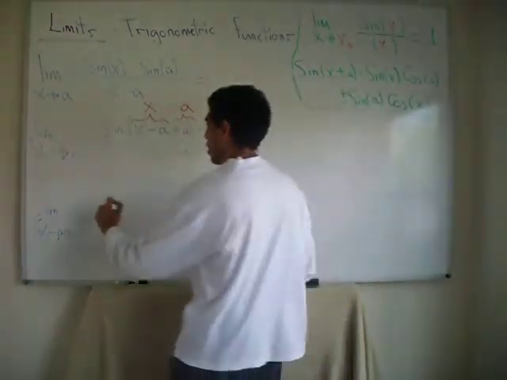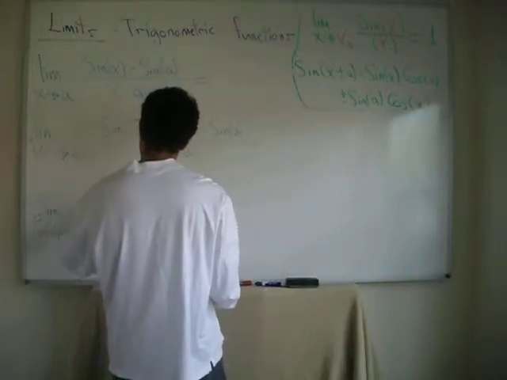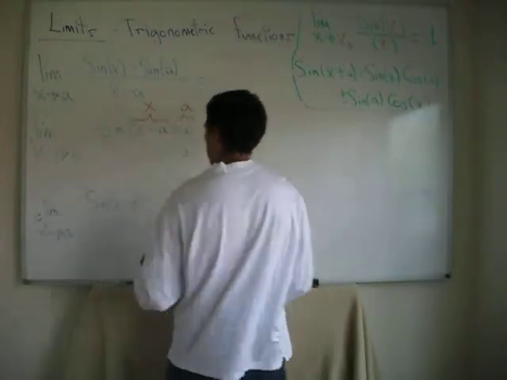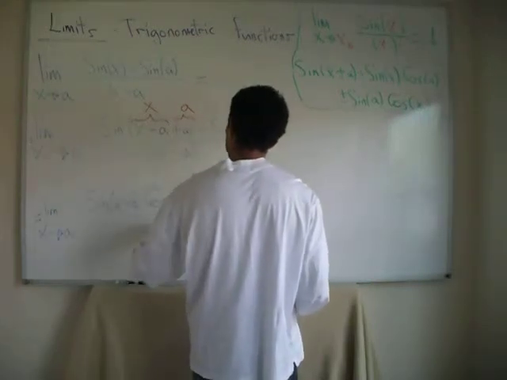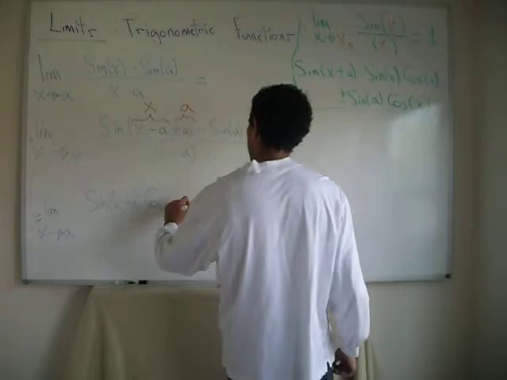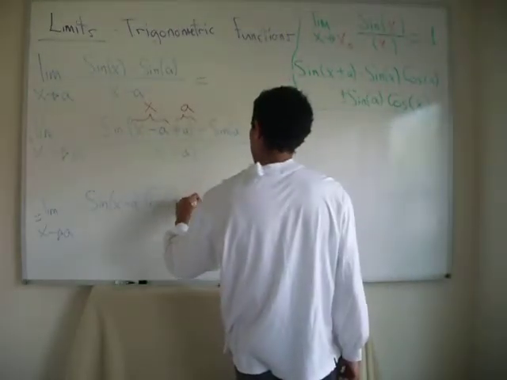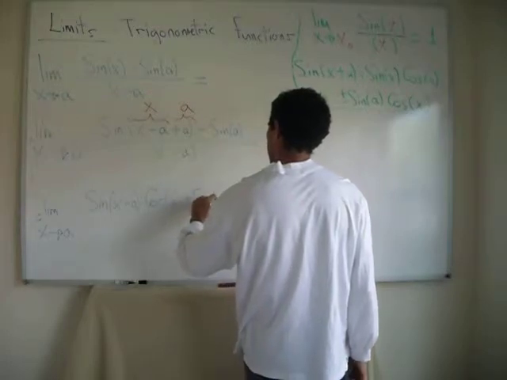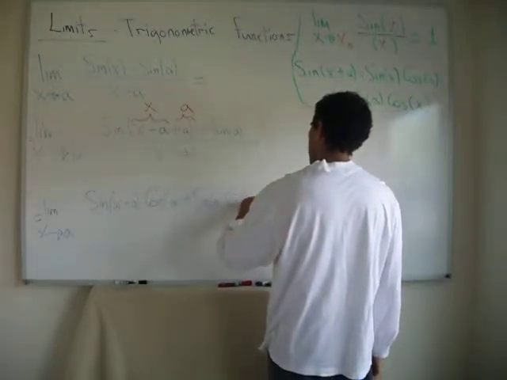So I'm going to end up with sin of x minus a times cos of a, plus, because of the plus sign right here, sin of a times cos of x minus a.